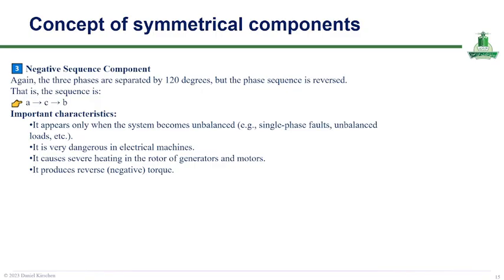Additionally, it produces a reverse or negative torque, which opposes the normal rotation and can reduce efficiency or even cause mechanical stress. Therefore, understanding and detecting negative sequence components is crucial for protecting and maintaining the stability of power systems. All right.